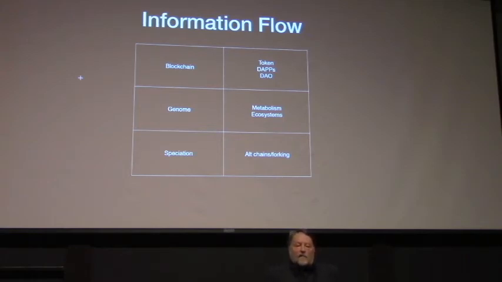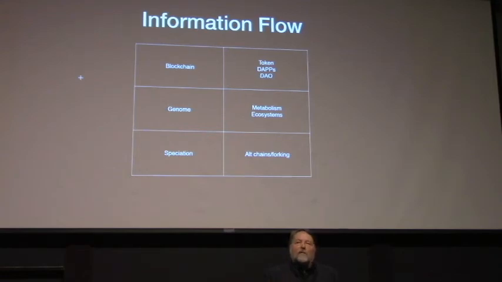And then a genome has the parallel things, essentially, of metabolism and ecosystems. And then what happens in biology is speciation, where mutations occur to separate different species to the point where they no longer can breed together and create, for example, horses and donkeys.